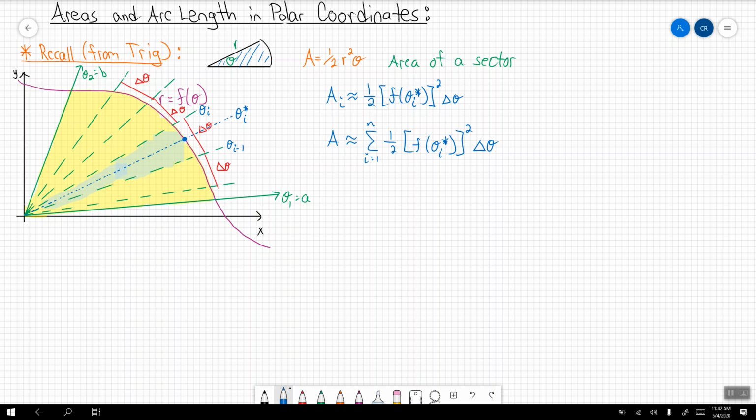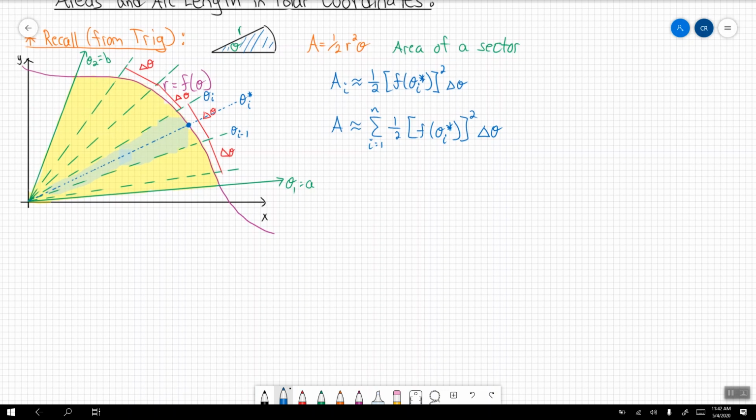But again, we're not in the business of getting approximations at this point in time. We want firm values. So I'm not going to approximate it using n subintervals. Instead, I'm going to get a very good value by taking an infinite amount of these subdivisions.